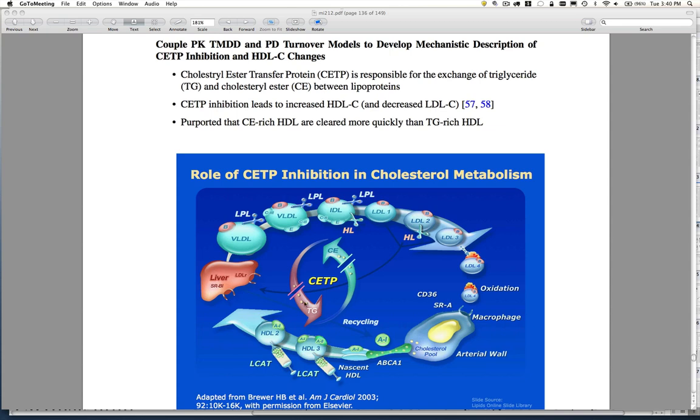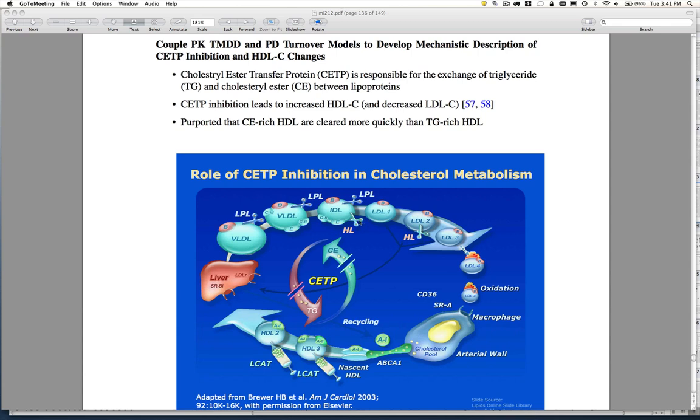And so if you block the transfer of cholesterol esters and the buildup of these HDL2s, you're going to have more of these HDLs hanging around, and so your total HDL levels are going to go up in time.